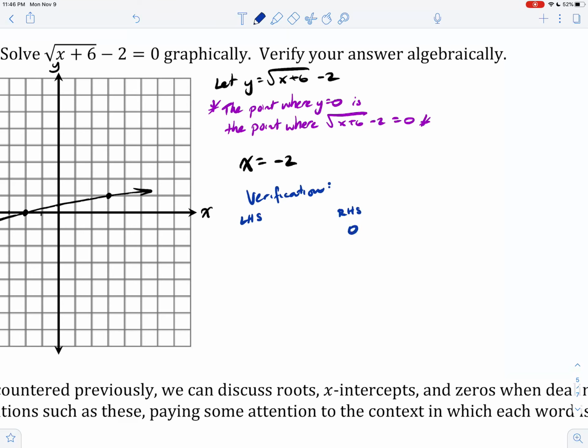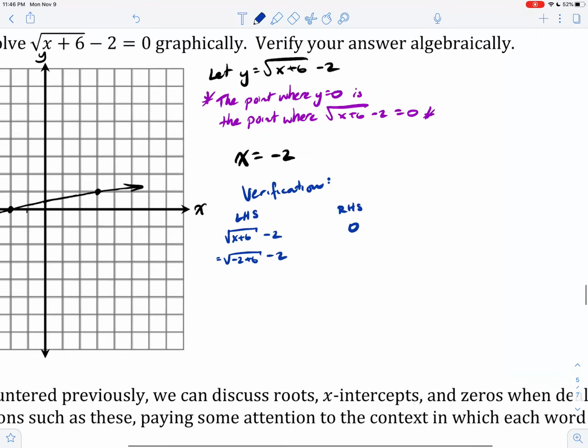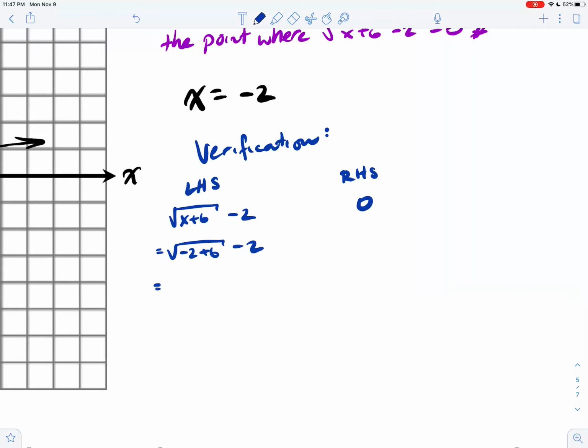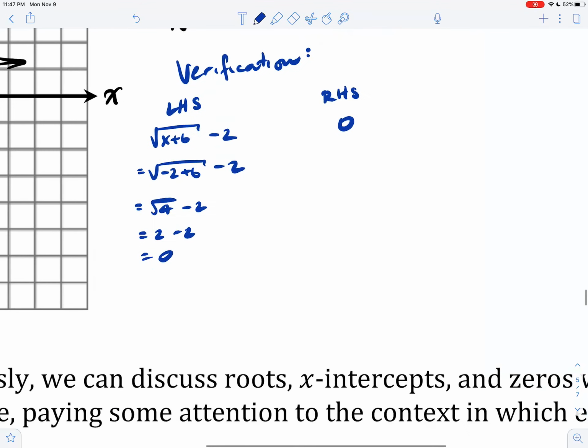On the left-hand side, we have the root of x plus 6 minus 2, which in this case is the root of -2 plus 6 minus 2, and we just continue with this. The root of 4 is 2, minus 2, that's 2 minus 2, that's 0.